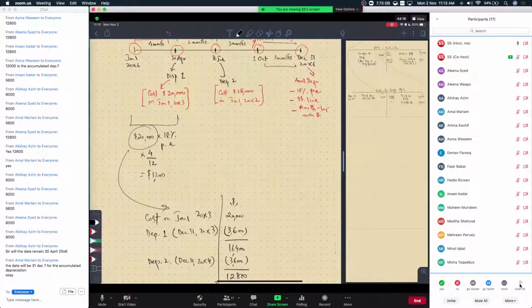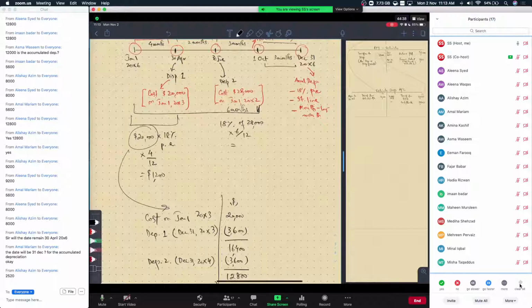Over here, this is the depreciation charge, 6 months, right? So we are calculating 18% of $28,000 since it's straight line method of depreciation, multiplied by 6 over 12. That is going to be your depreciation for the second van.